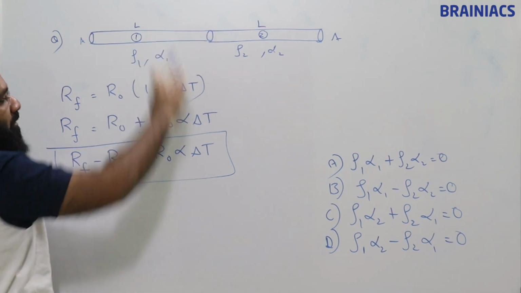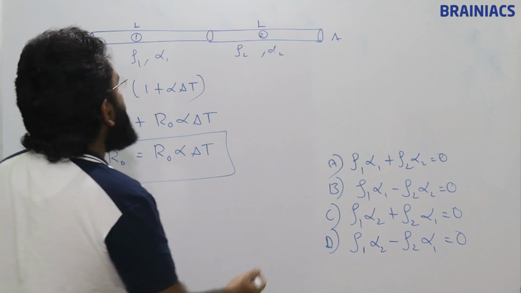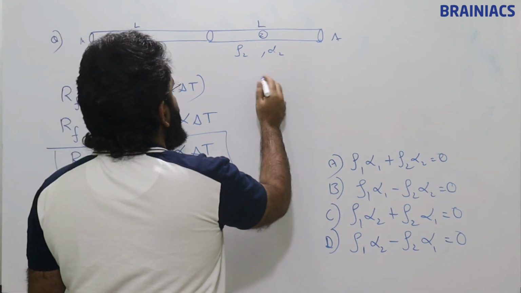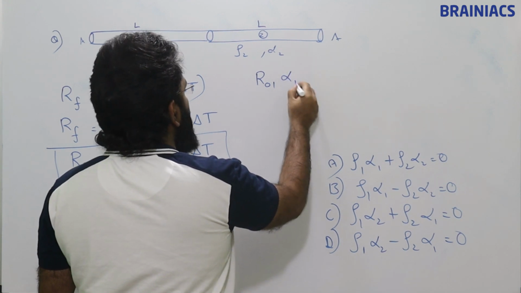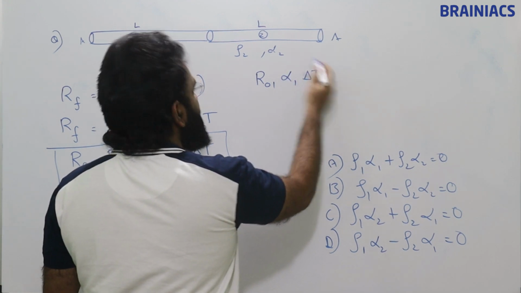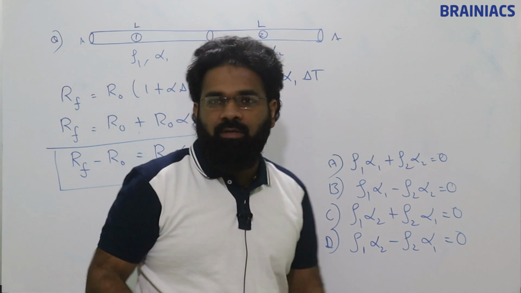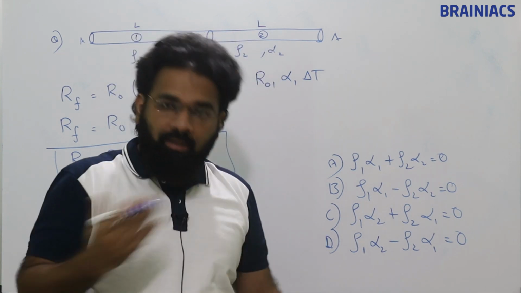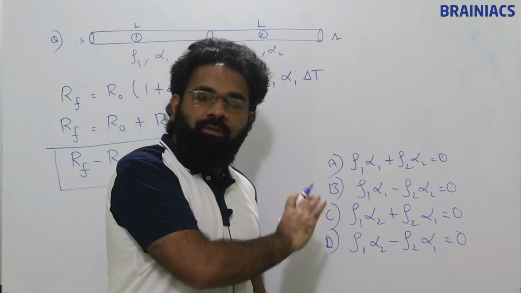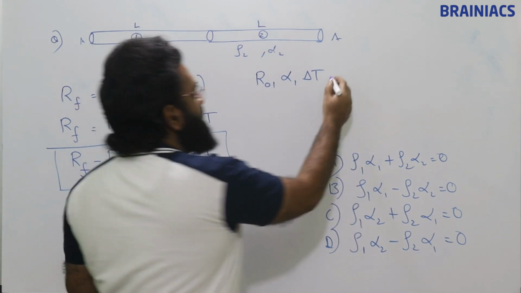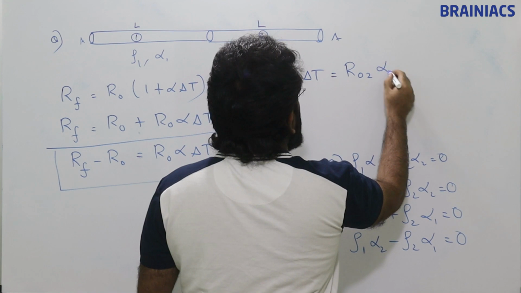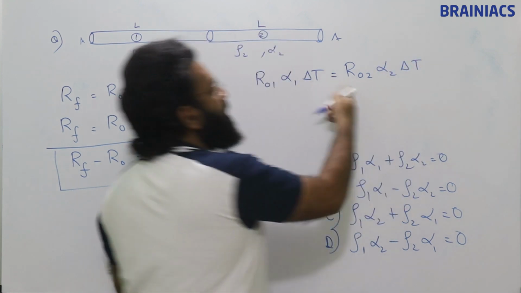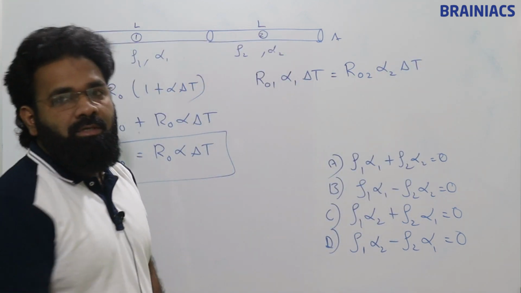One will be plus, the other will be minus. So best thing is R0 1 into alpha 1 into delta T. Change in temperature for both are same. We are applying, both are together, right? So change in temperature for both of them are same, is equal to R0 2 into alpha 2 into delta T. Did you understand how I wrote this?